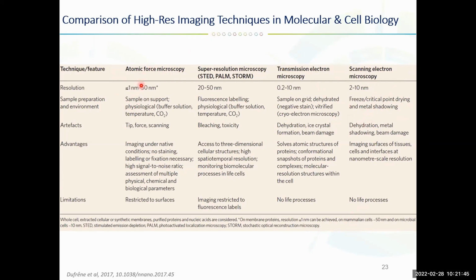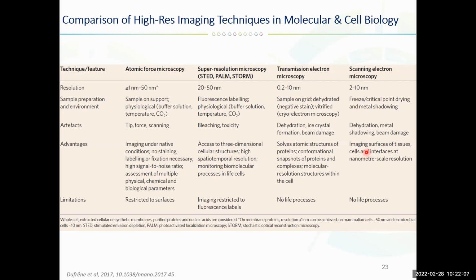If you take an image of gold nanoparticles using atomic force microscopy and scanning electron microscopy, the quality of the images can be quite similar. But again, you cannot measure these nanoparticles in solution, for example.